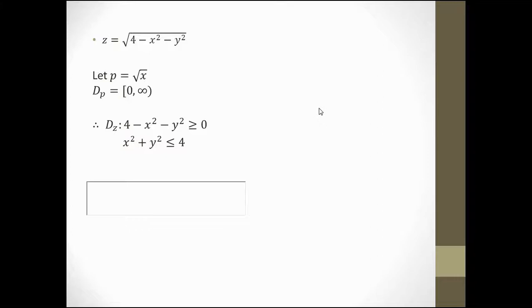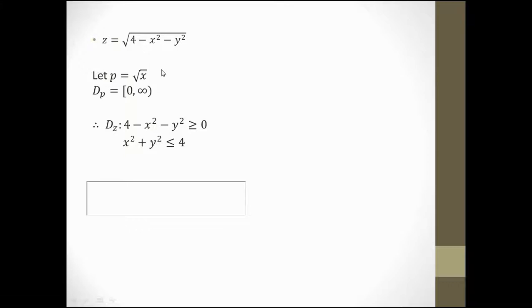Alright, so what about the range? Well, again, let's consider the simpler case where we don't have some extra variables. The minimum of square root of x is 0, because square root of 0 is 0. And the maximum value, well, there's no maximum value for this. It goes on to infinity.